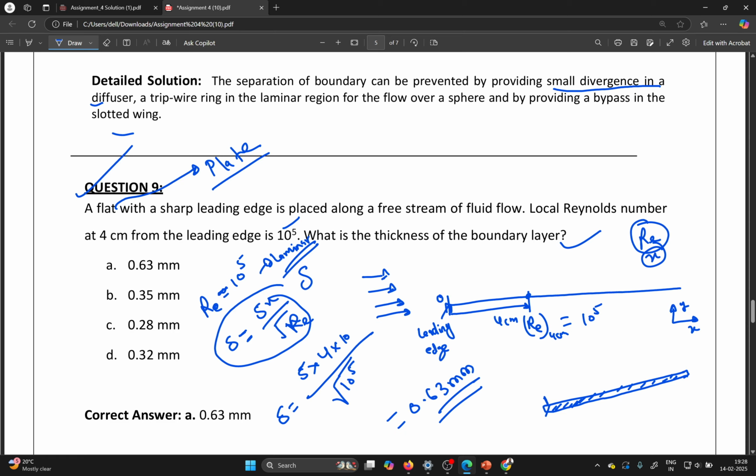So just imagine the thickness of this boundary layer. So this is it. Now we'll move on to the next question.